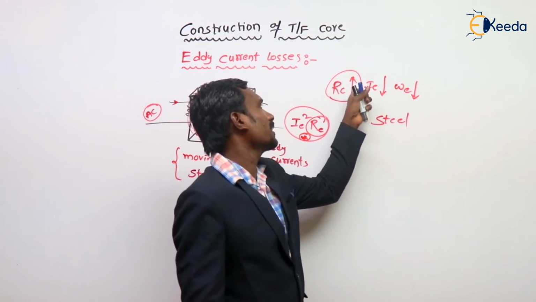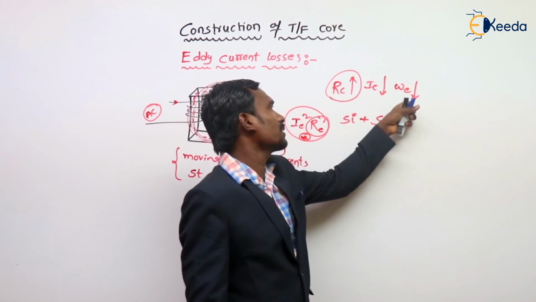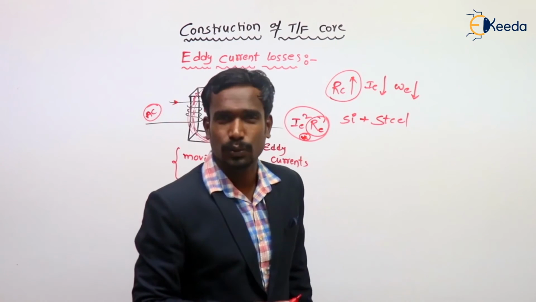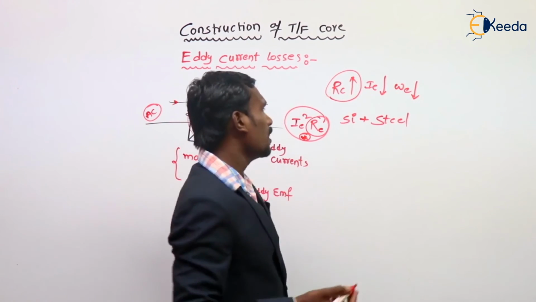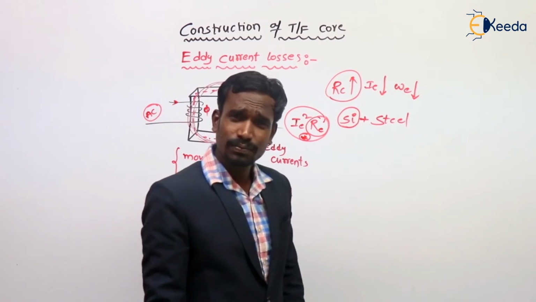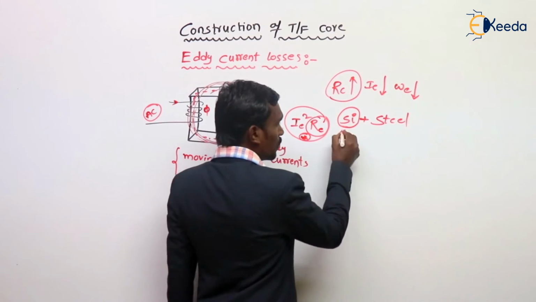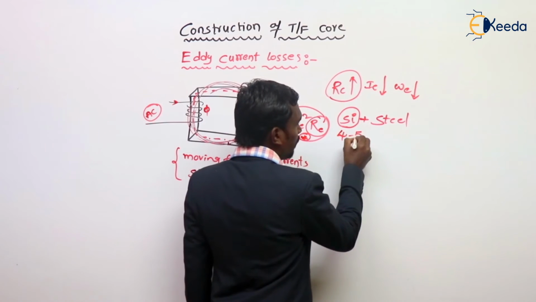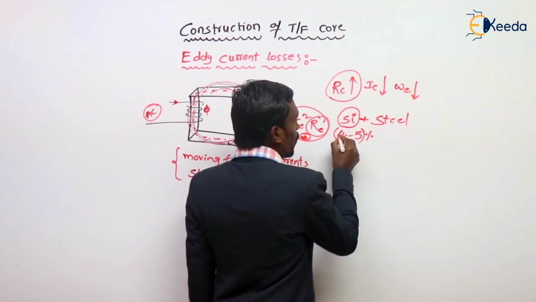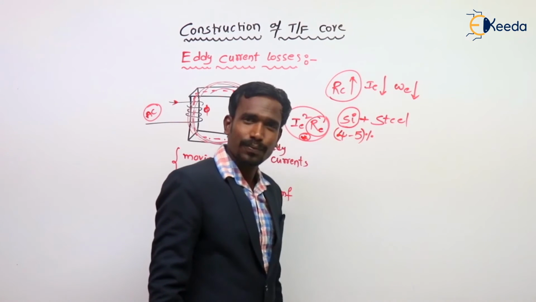When resistance increases, eddy currents reduce. When eddy currents reduce, eddy current losses also reduce. Sir, how much percent of silicon is added to the steel? Just 4 to 5% of silicon is enough.